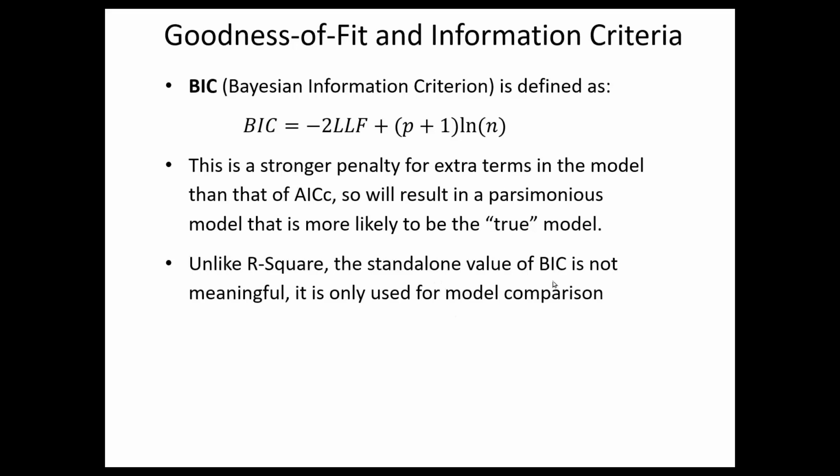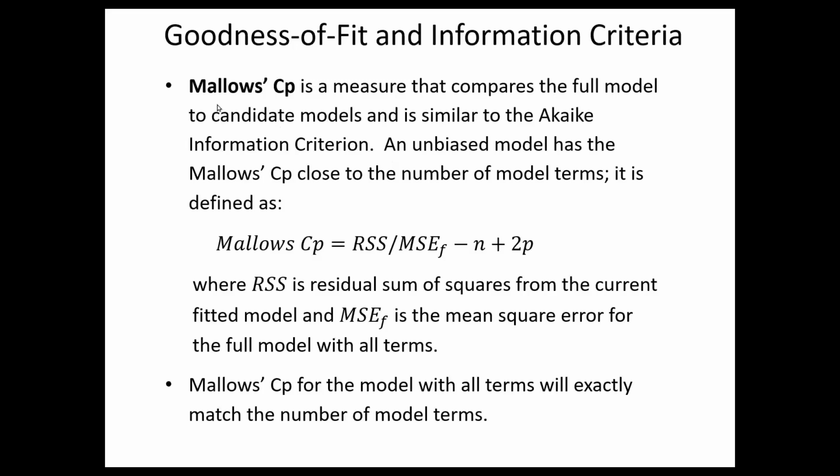Similar to AICC, the BIC number by itself is not meaningful. However, on a comparison basis where you're comparing several models, with Bayesian information criteria, the minimum is the best model. Another one that's popular with some practitioners, but I'll be honest, I'm not really very fond of, is Mallows Cp.